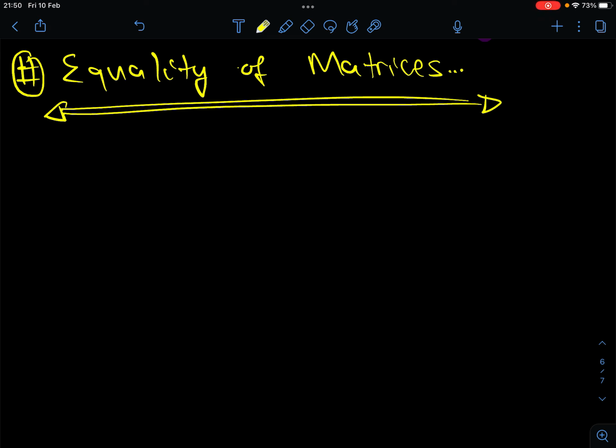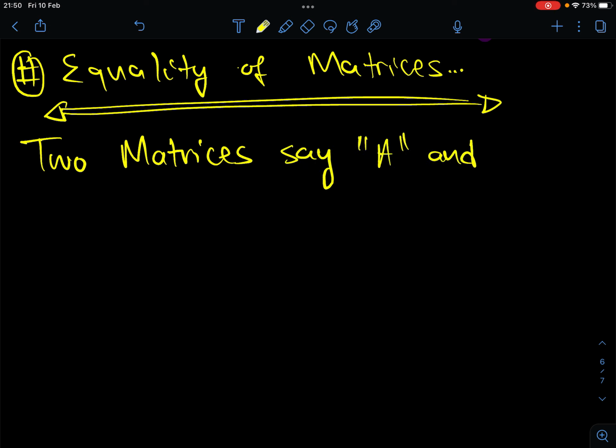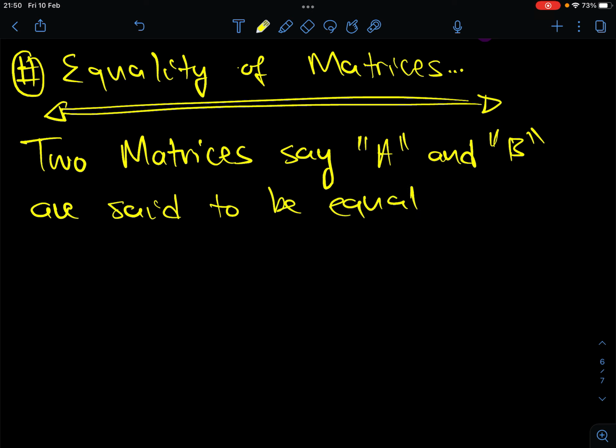Two matrices, say A and B, are said to be equal if the following hold true.